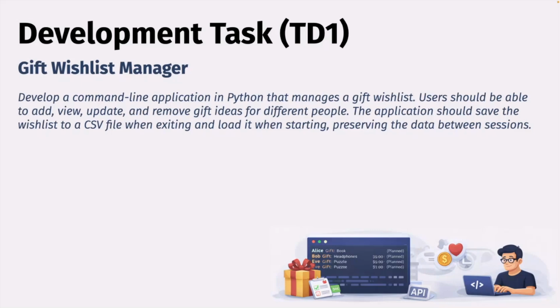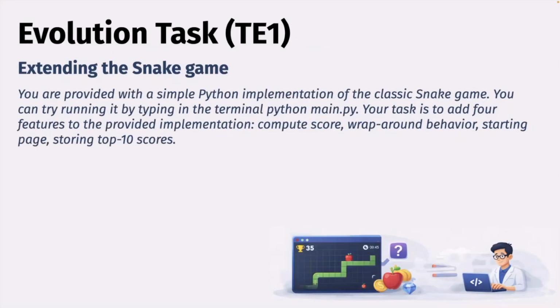It was about developing a command line application in Python to manage a gift wish list, and then there was the list of features that we wanted. Okay, so this is implementing something from scratch. And the evolution task was extending a game that we gave them, the snake game, by adding 4 features: the computation of the score, wraparound behavior, starting page, and the storing of the top 10 scores that were performed on that laptop, basically.